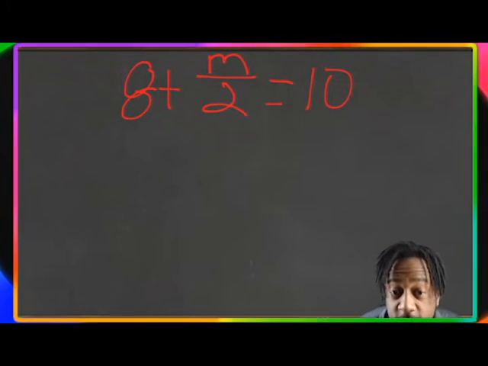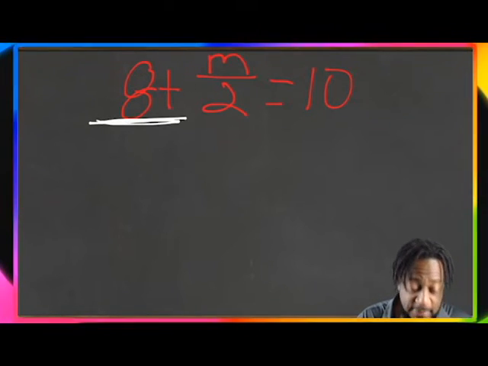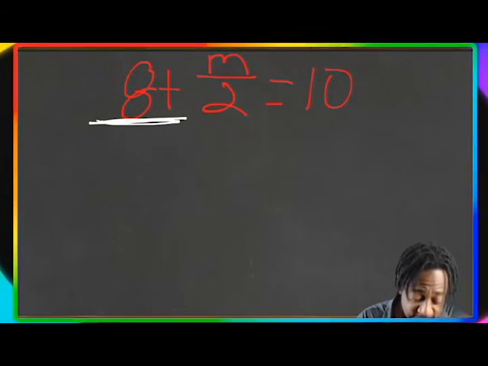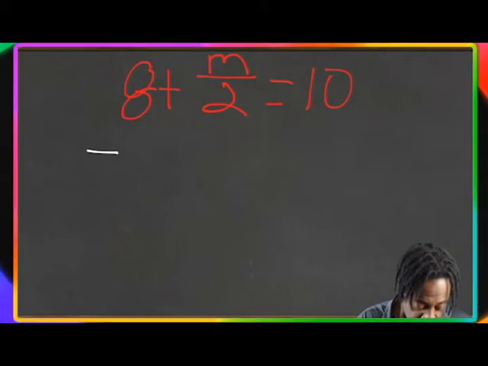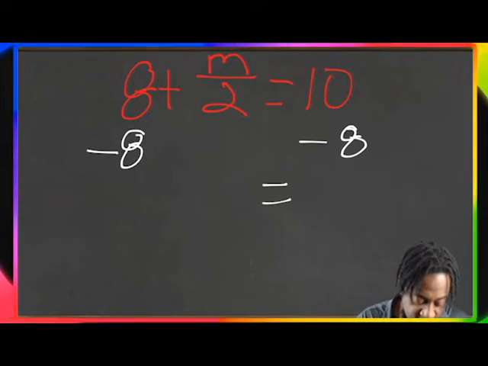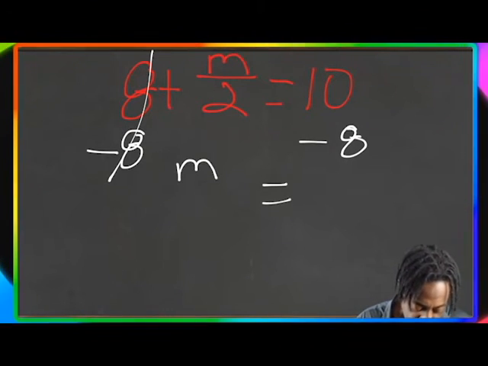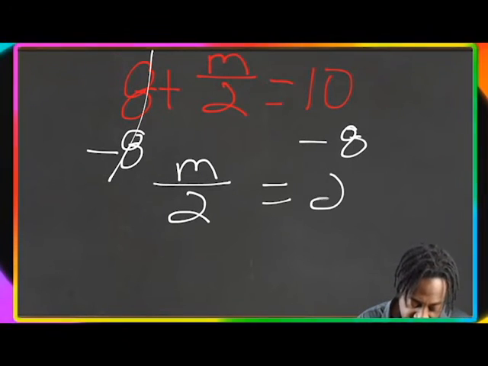What are we going to get rid of first? We get rid of this term out here, it's by itself. Bye-bye. So it's plus 8, so minus 8 gets rid of it. M over 2. This is 10 minus 8 will give me what? 2.